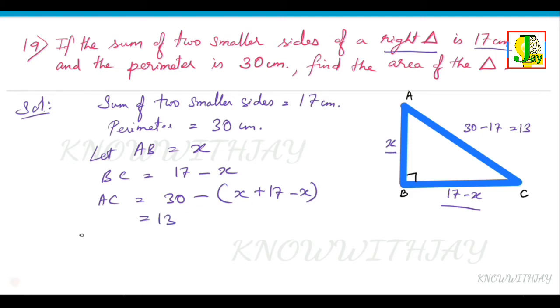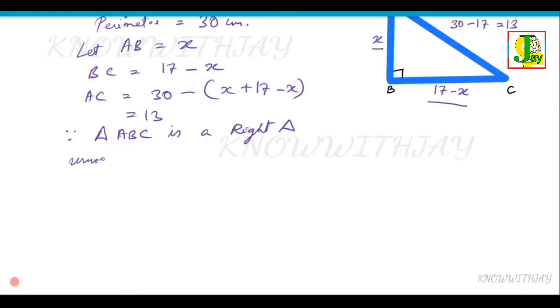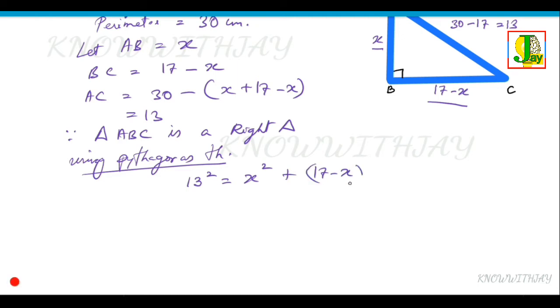Now since triangle ABC is a right triangle, we can apply Pythagoras theorem. Using Pythagoras theorem, what is the length of the hypotenuse? We have 13 square equals the sum of the squares of the other two sides, that's x square plus 17 minus x whole square.